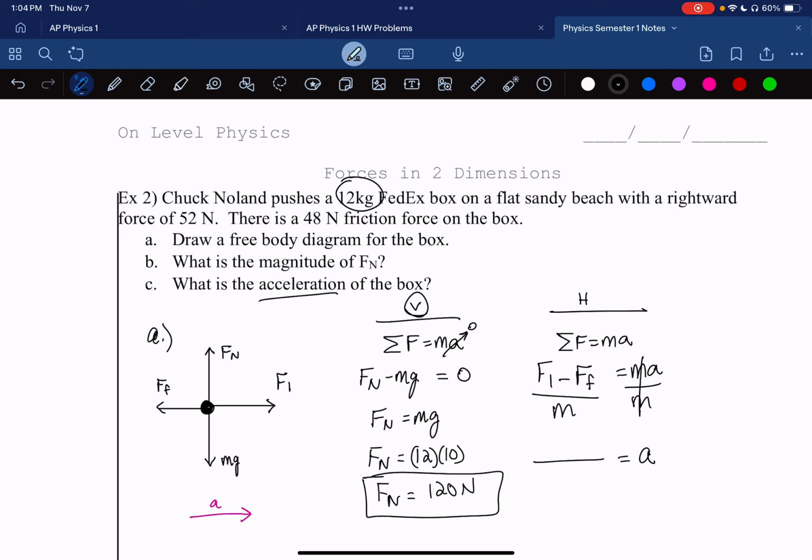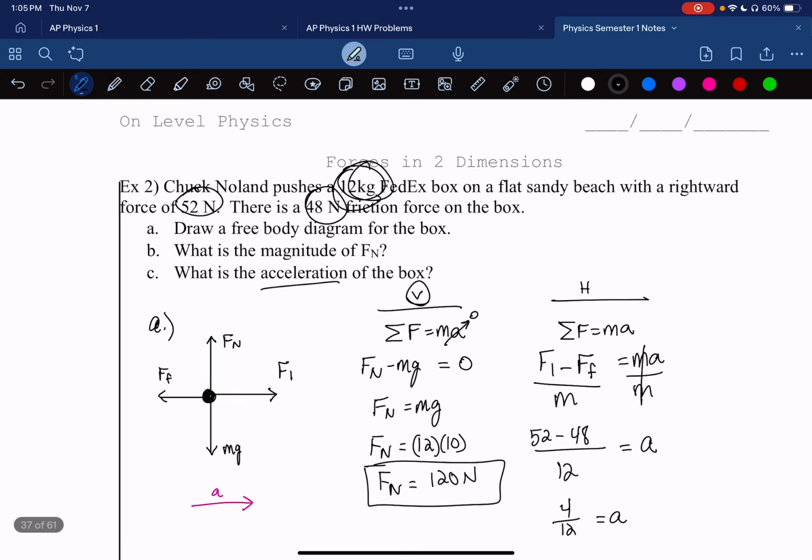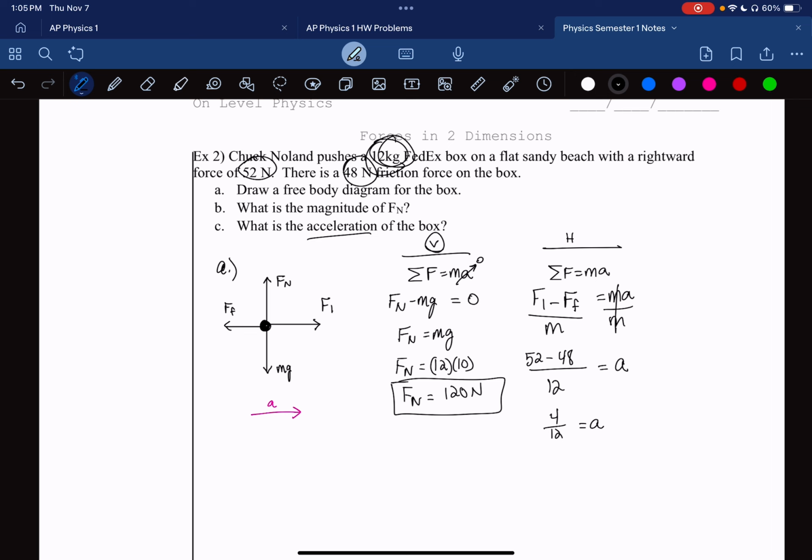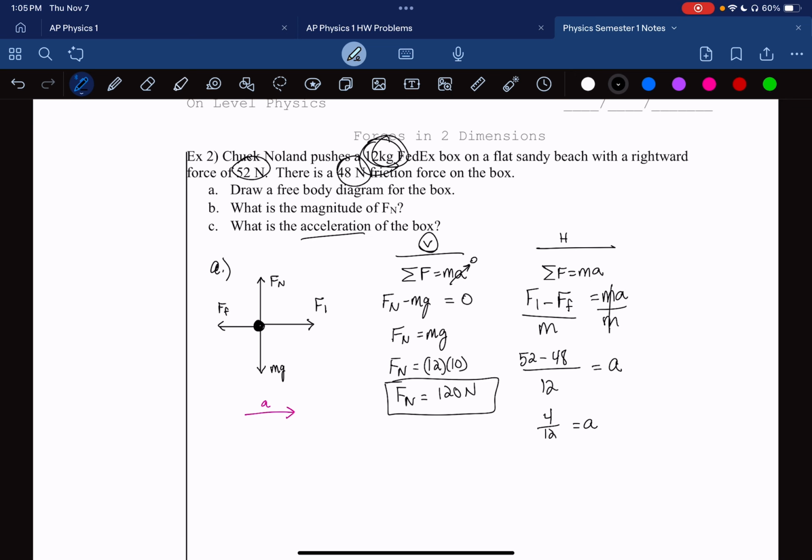And I'm just going to put in my numbers now. The pushing force F1 is 52. The friction force is 48. And the mass, once again, is 12. So this comes out to 4 over 12, which is 1/3, which is 0.33 meters per second squared.